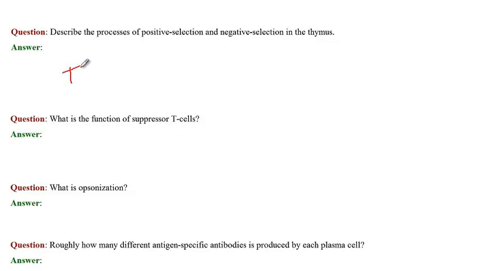So within the thymus, two processes need to go on. One, these T cells will have to learn to recognize antigens, and that is called positive selection. Any T lymphocyte that is able to recognize MHC1 antigens within the thymus, the thymus will say, okay, you're competent enough to recognize antigens, you will undergo positive selection, meaning that we won't kill you.